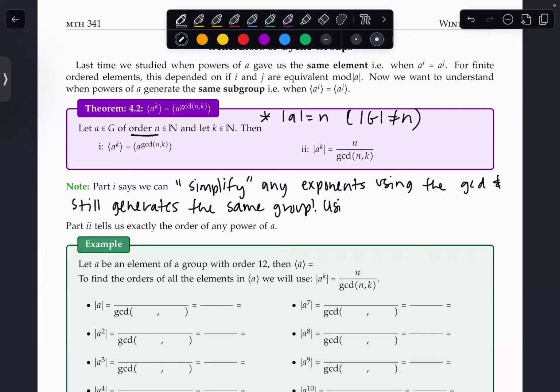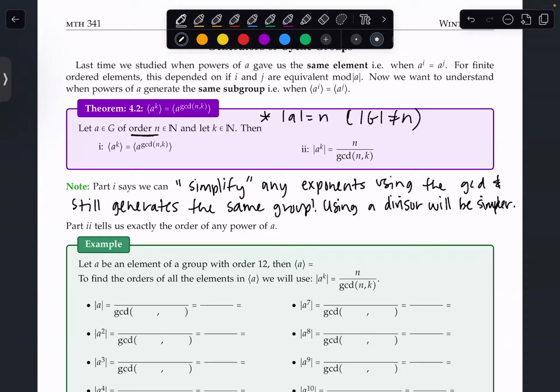Using a divisor or a factor will be simpler. It won't just shrink the number, but it'll make it easier for us to tell what elements show up in this group.